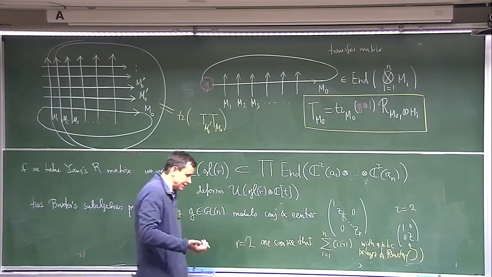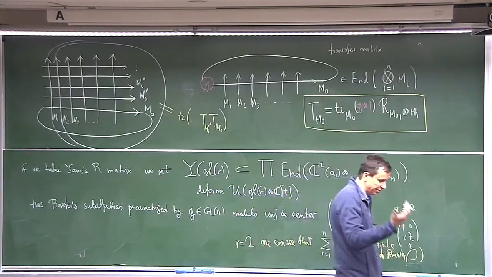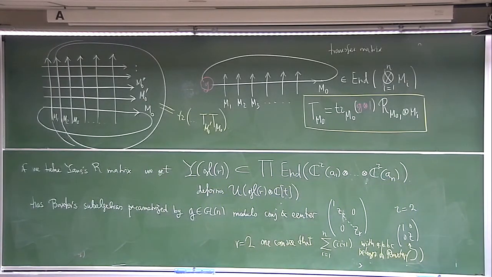This gives a big supply of commuting operators. This gives a maximal commutative subalgebra, in fact, of operators that contain my Hamiltonian.